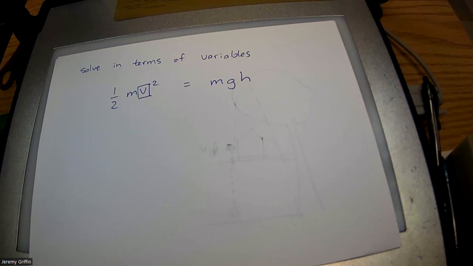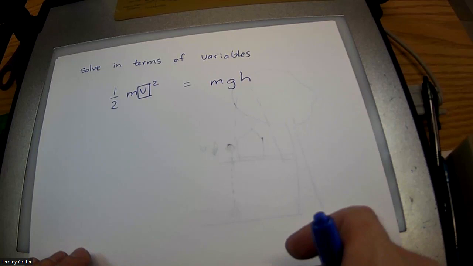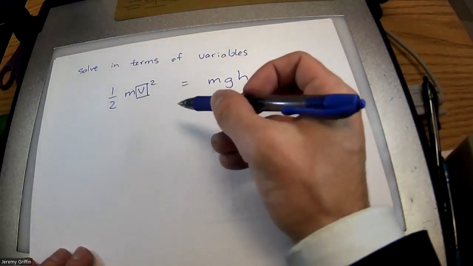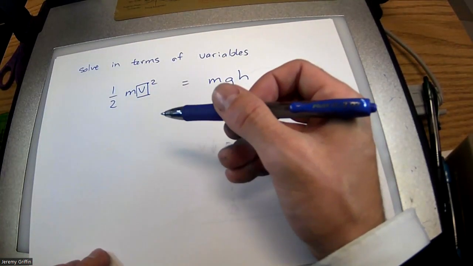What do you got? Should it be V equals 2GH? Well, V squared equals 2GH. So you're one step away. Then the last step would be V equals the square root of 2GH? Yeah, that's correct.